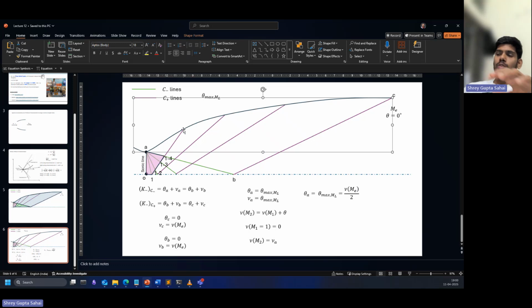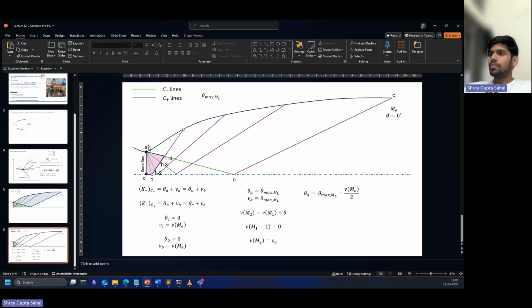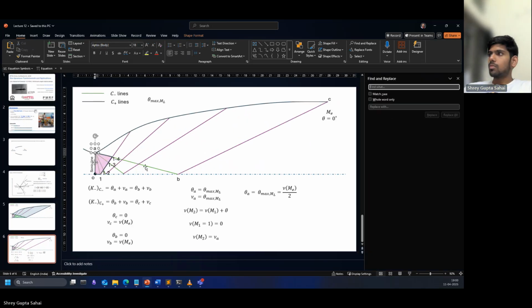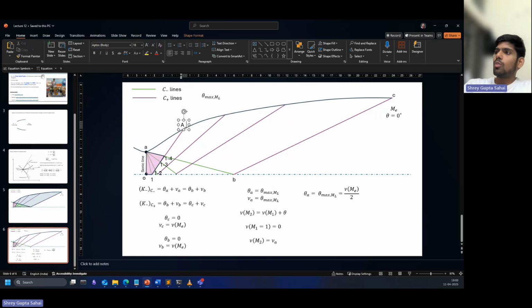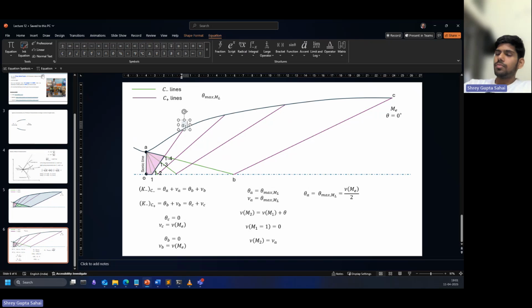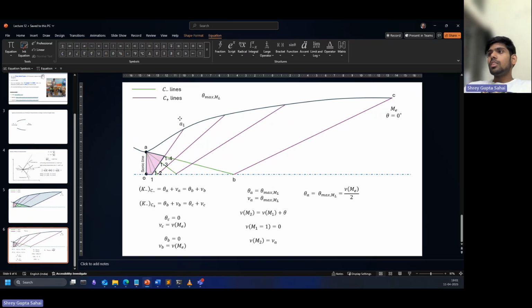Let me call that point A1, because there is going to be an expansion here also. So these two have to be connected by a local slope.